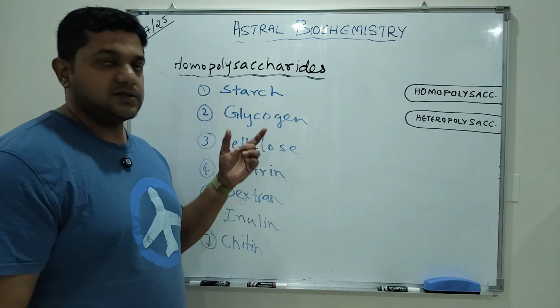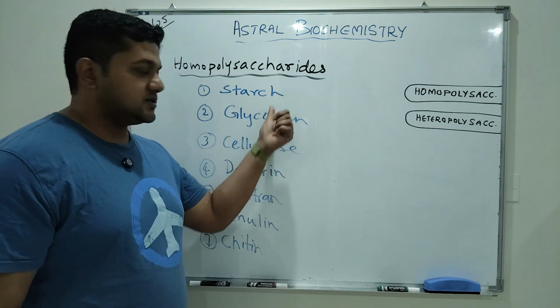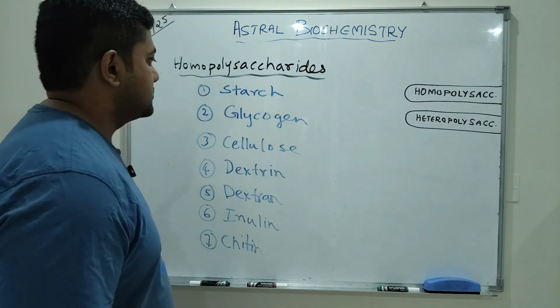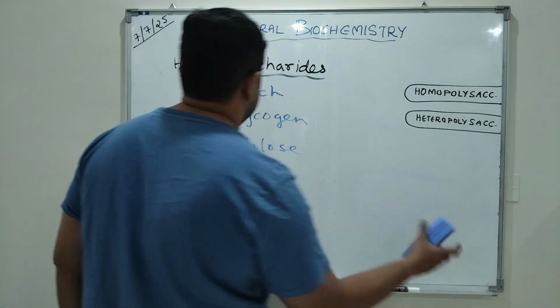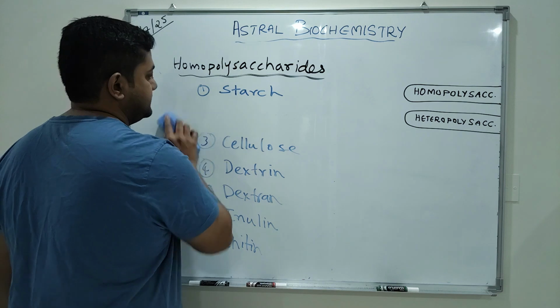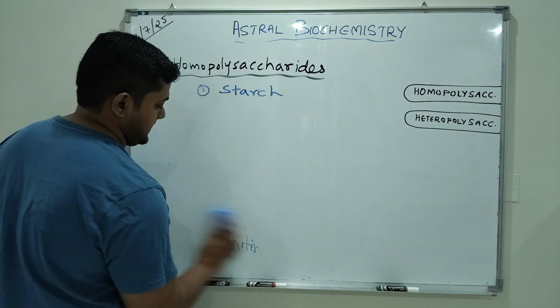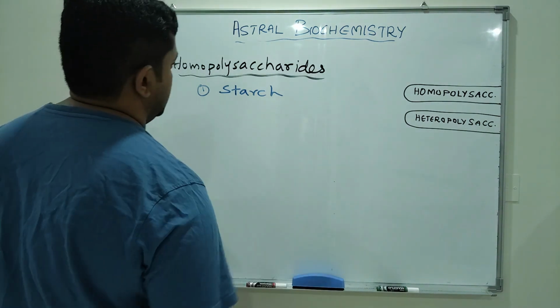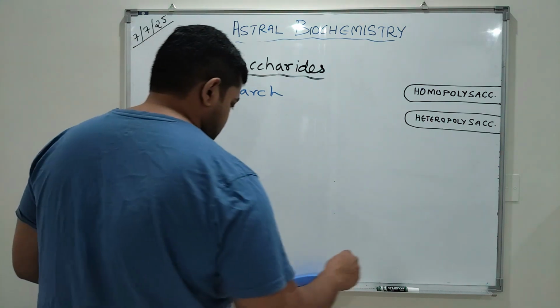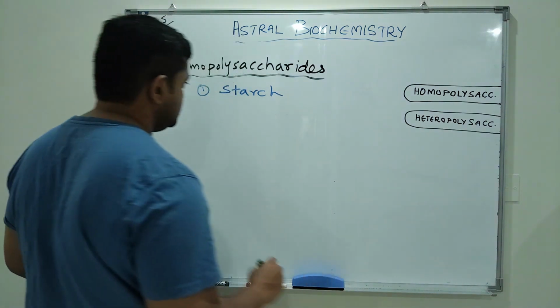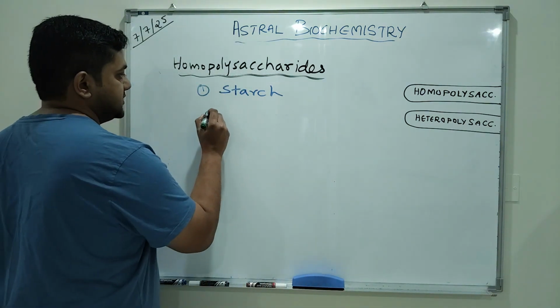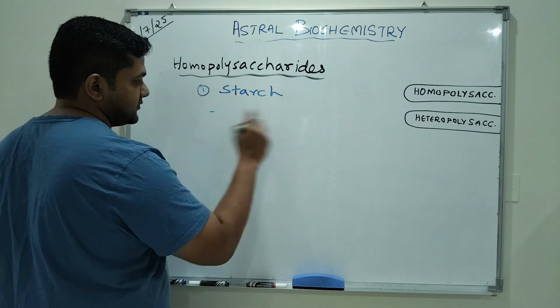Usually the question asked is to differentiate between starch and glycogen. So we'll see starch first. Starch is a homopolysaccharide of glucose.